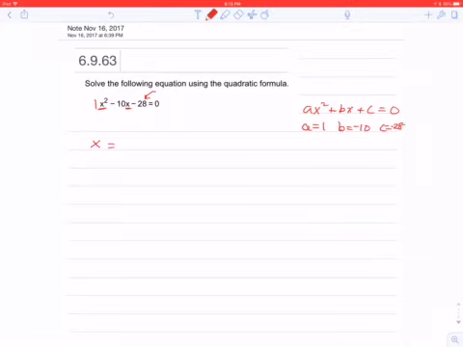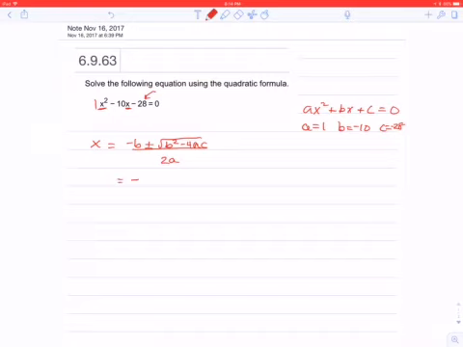The quadratic formula is minus b plus or minus the square root of b squared minus 4ac, all over 2a.